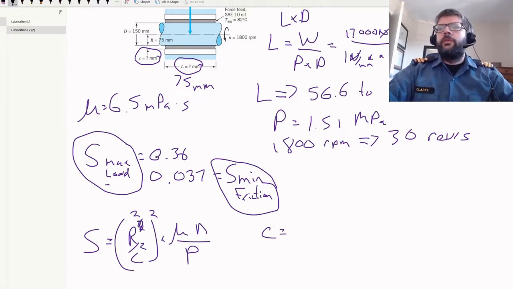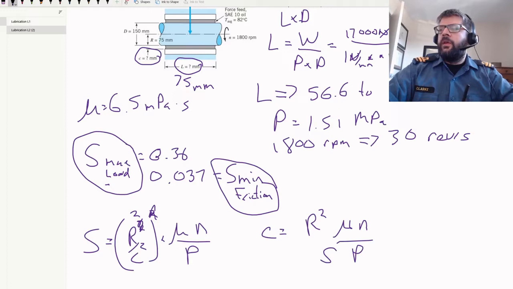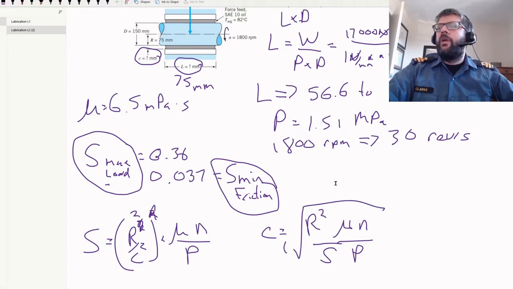That works too. So if we're solving for C, it's going to be R squared, viscosity, rotational speed divided by P, S, and then take the square root.